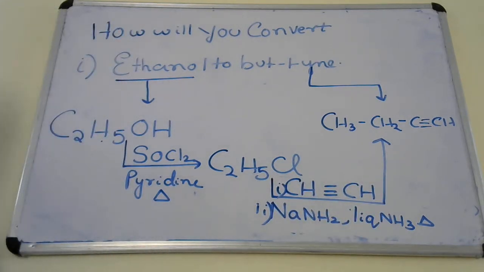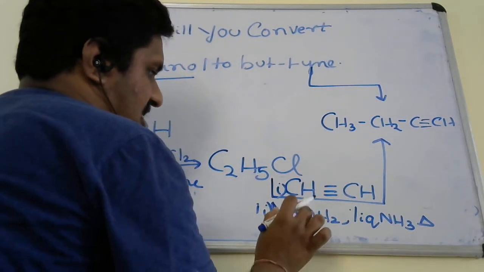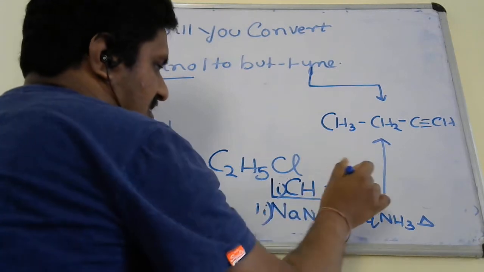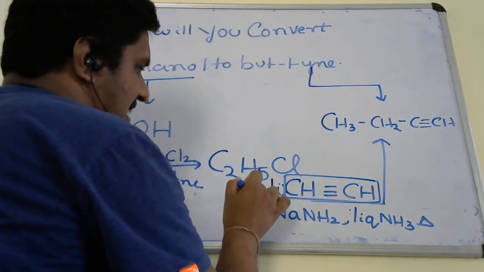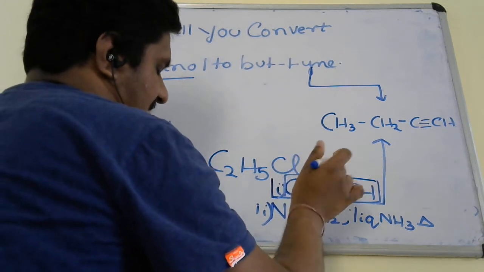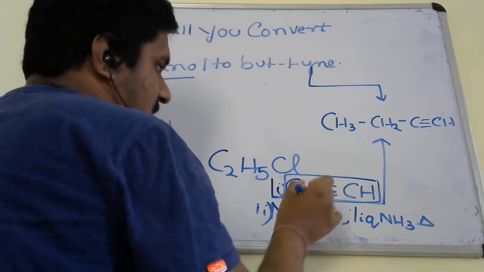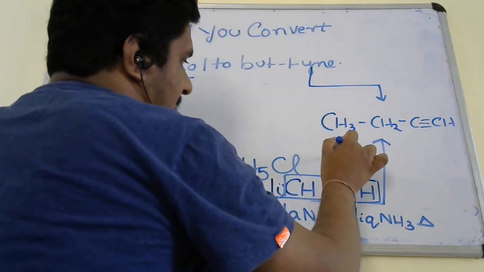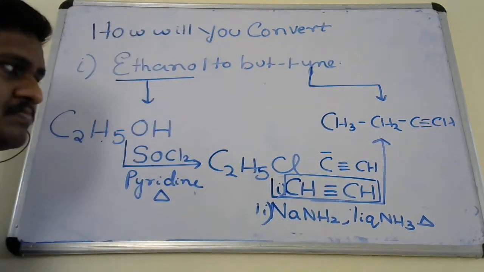So what this will do, children, this NaNH2 and liquid NH3 mixture, it will take one hydrogen from this ethyne. Okay, and you will get a base or a nucleophile. You will get a nucleophile like this.